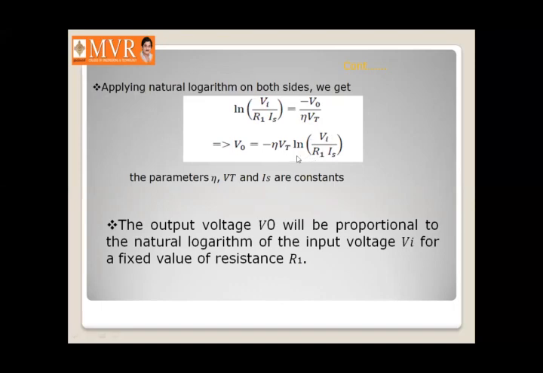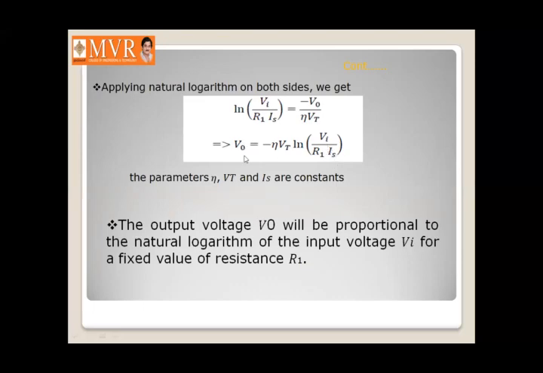Here you can see eta Vt is the volt equivalent temperature, and those terms are constant terms. Eta is a constant term, Vt, the volt equivalent temperature, is a constant term, and R1 is also a constant term, and Is is also constant.